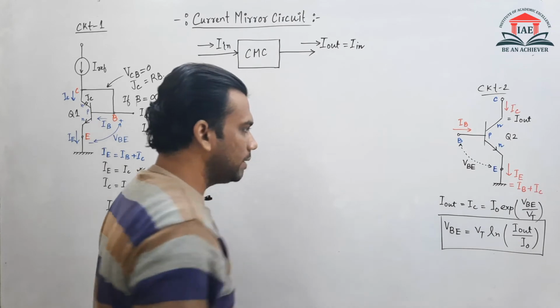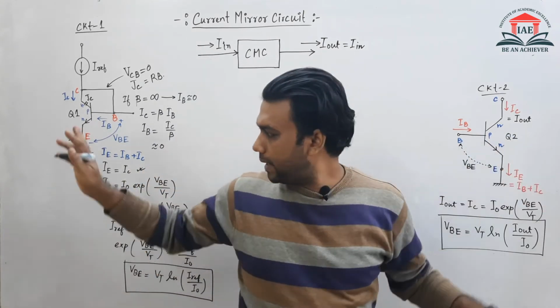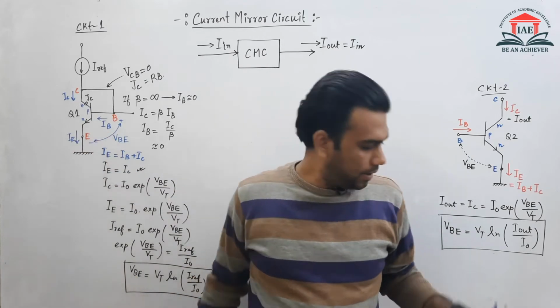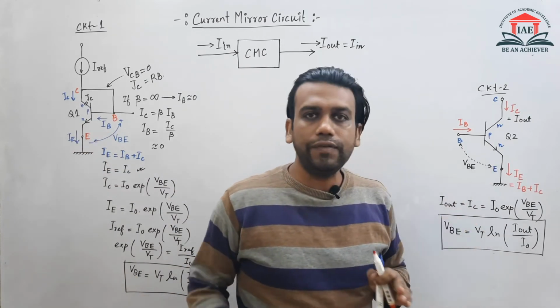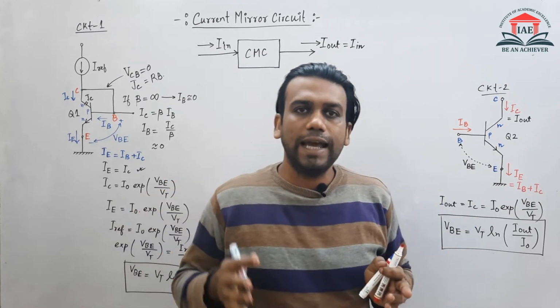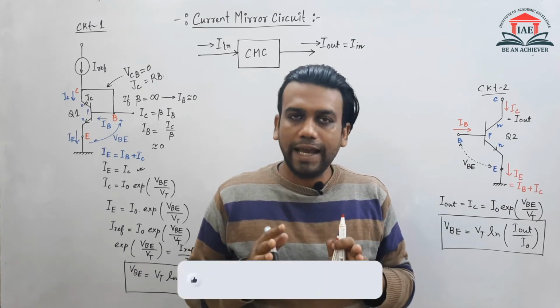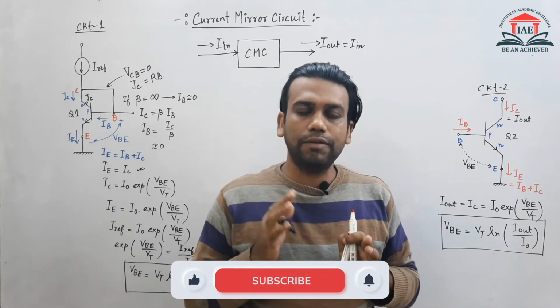Now the story comes. Here is my Q2, here is my Q1, with VBE for this one and VBE for that one. Now if we assume that the Q2 transistor and the Q1 transistor have the same value of beta and the same value of VBE, then what will happen?